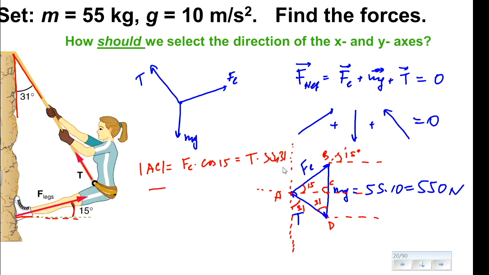Okay, now the vertical part. Well, what I see is that BC plus CD gives MG, the whole length of MG. BC, this side, plus CD.